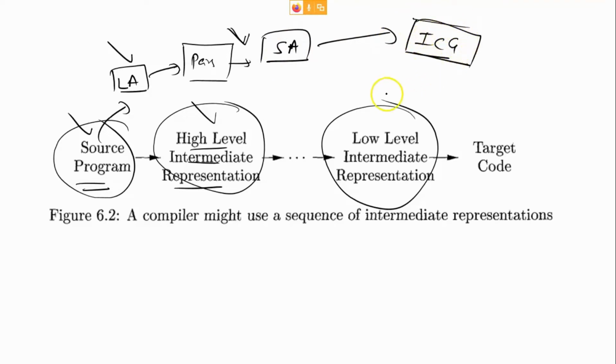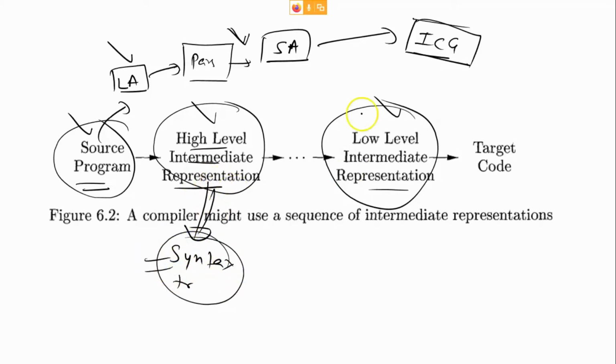This phase creates the low level intermediate representation. For the high level intermediate representation, we use the syntax tree, so our parser uses the syntax tree representation. And in ICG, intermediate code generation, the most popular intermediate representation is three address code.